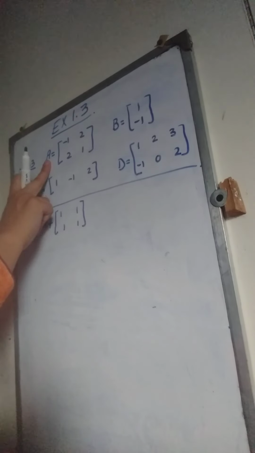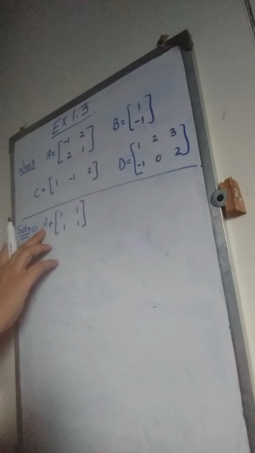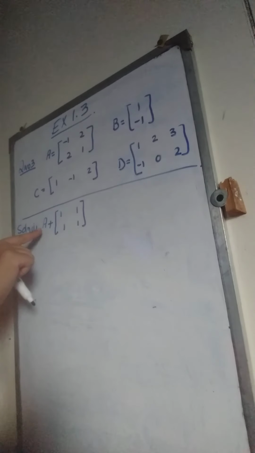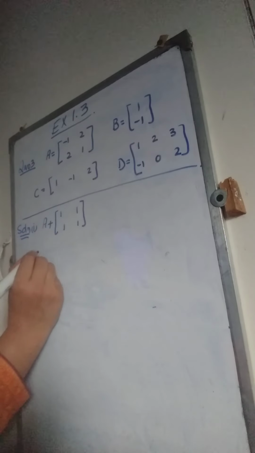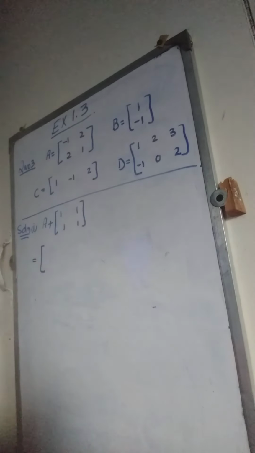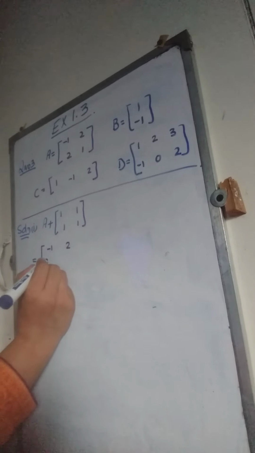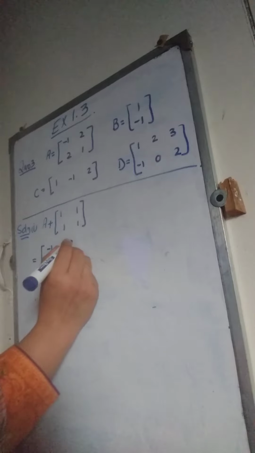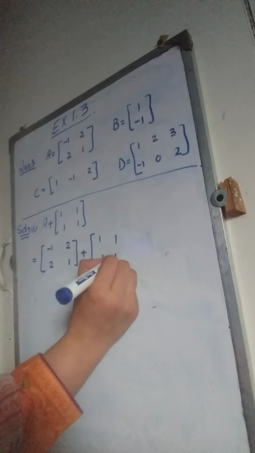Now we are given the matrices A, B, C and D, and we are going to perform different operations they have given to us. The first part is A plus 1, 1, 1, 1. You have to add this matrix to matrix A. Picking the matrix from the question, we write the matrix A as -1, 2, 2 and 1, and we need to add it to 1, 1, 1, 1.